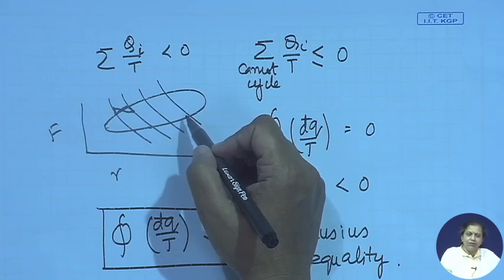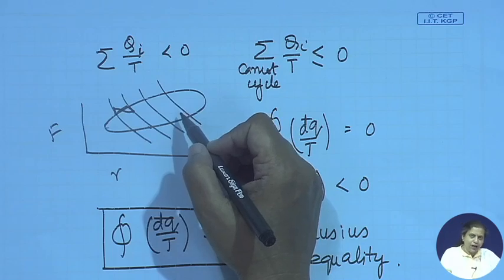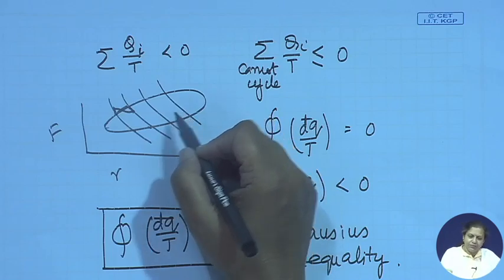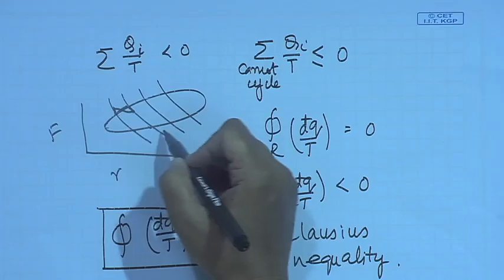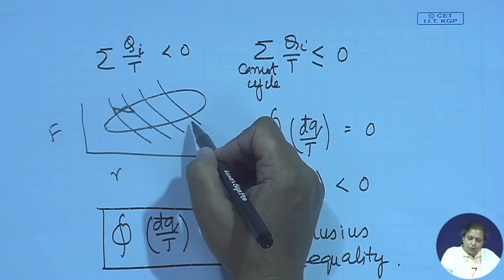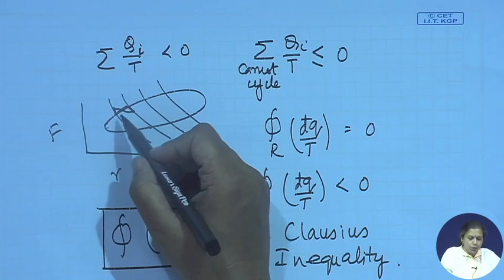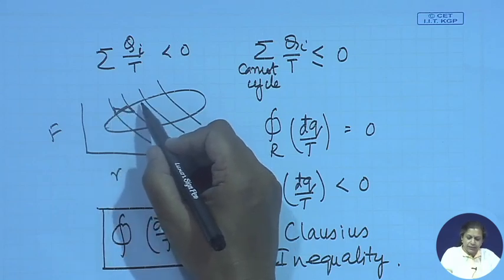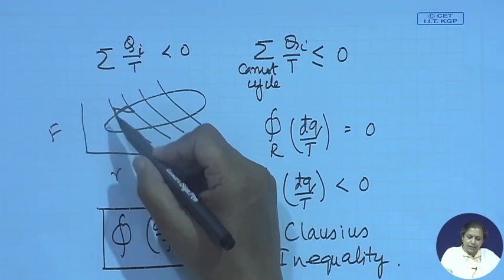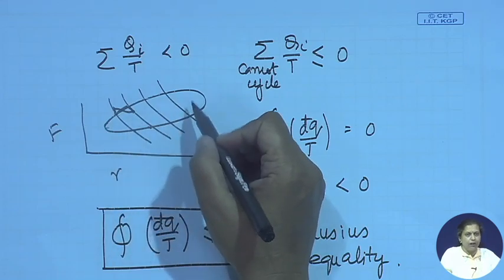Again, why they cannot intersect is for you to find out, and in case you have doubts, we are going to clear it in the interactive session. So, any cycle can be divided into a large number of closely spaced adiabats with reversible isotherms connecting the different adiabats, such that the entire reversible cycle can be broken into a number of Carnot cycles.